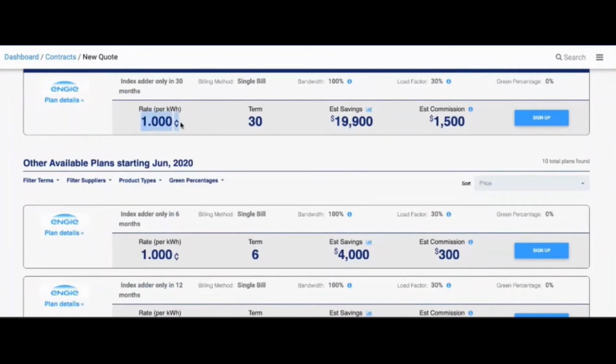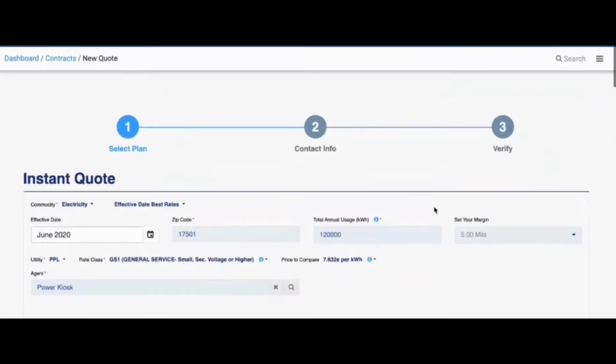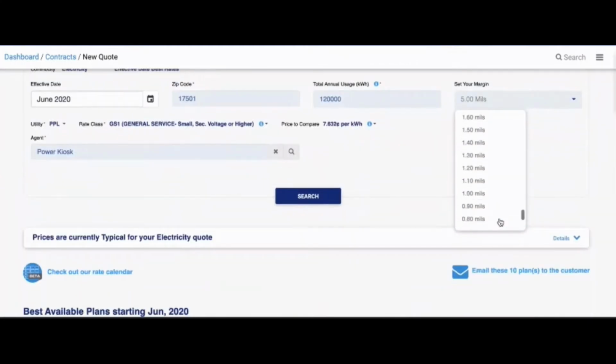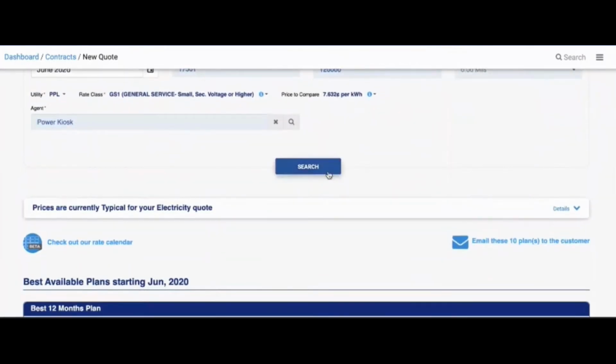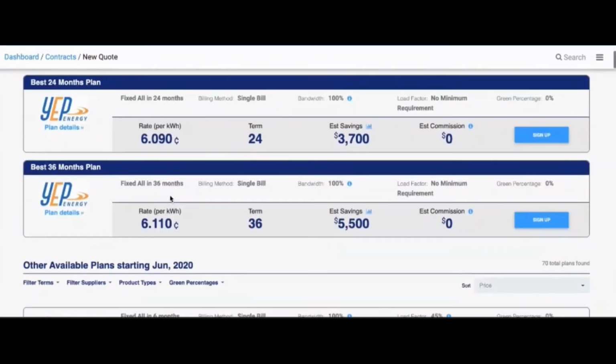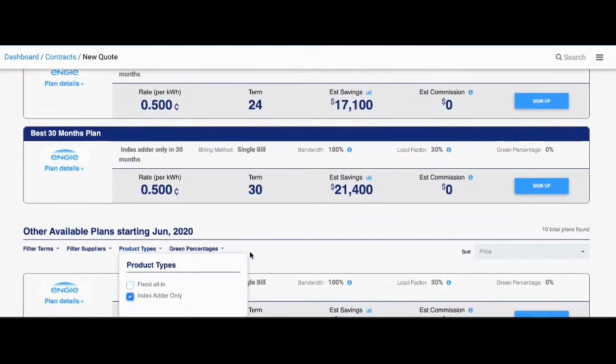And as you can see, it shows 1 cent. From this 1 cent, 5 mils, or half a cent, is what the broker puts. So if the broker increases or decreases, let's say the broker goes all the way to zero, theoretically, then the adder shows as half a cent, right?